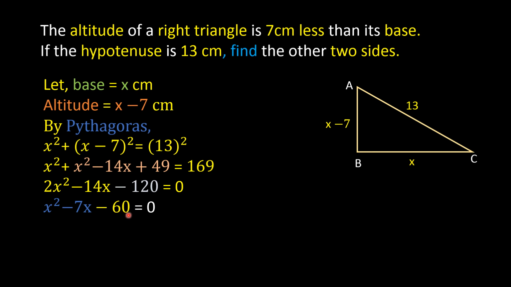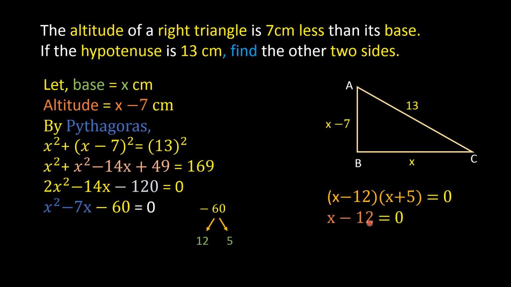Now, since the coefficient of x squared is 1, we will find two factors of minus 60 such that their sum will be the coefficient of the middle term. So minus 12 plus 5 will be minus 7. Now we will write the factors as x minus 12 multiplied by x plus 5.